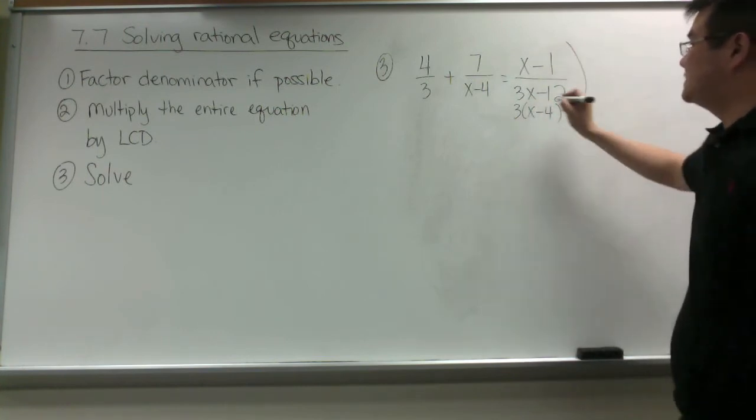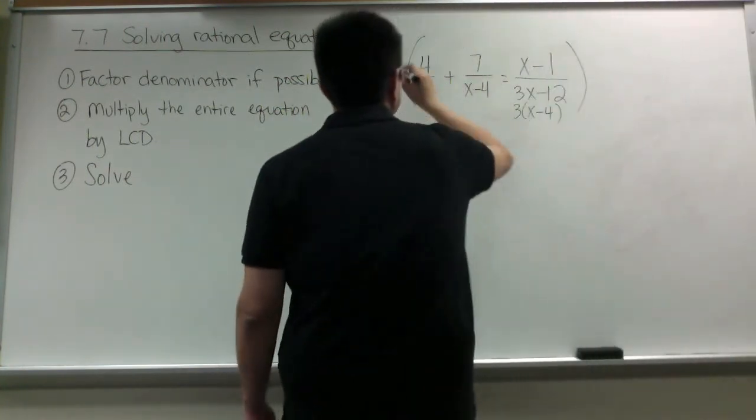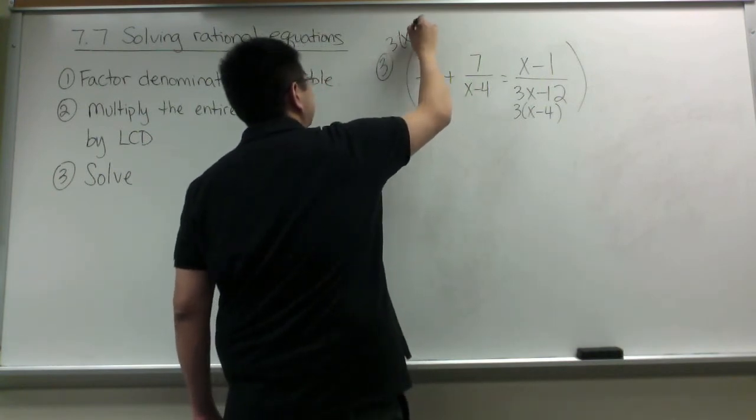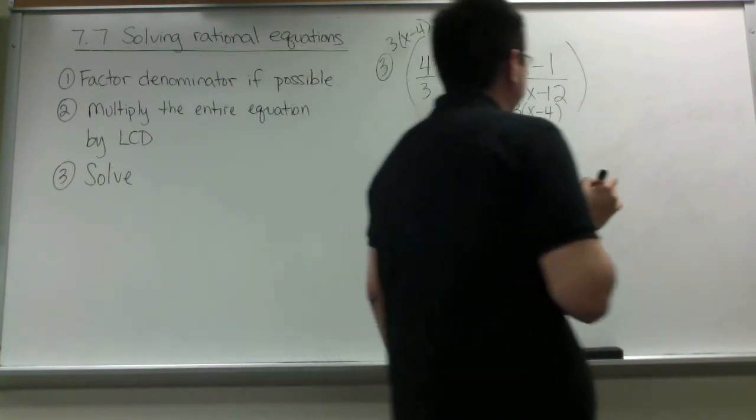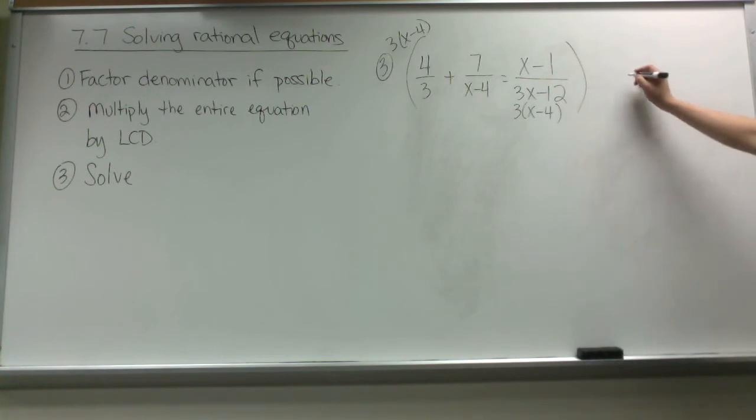In our next example, we're going to factor the denominator, 3x minus 4, to help us find the LCD. The LCD in this example would be 3 times x minus 4. Then we're going to multiply the LCD by each of the fractions, so we're going to set up the side work.